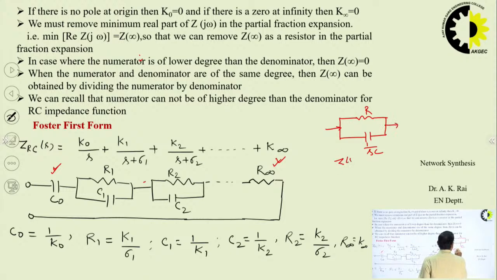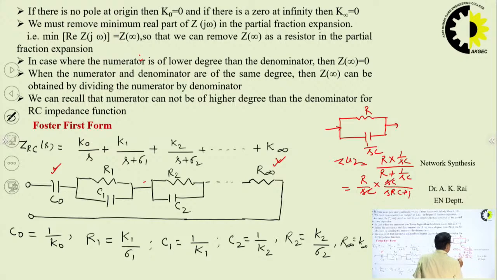So Zs is equal to R into 1 by SC divided by R plus 1 by SC. Okay. So this is R by SC into SC upon SRC plus 1.